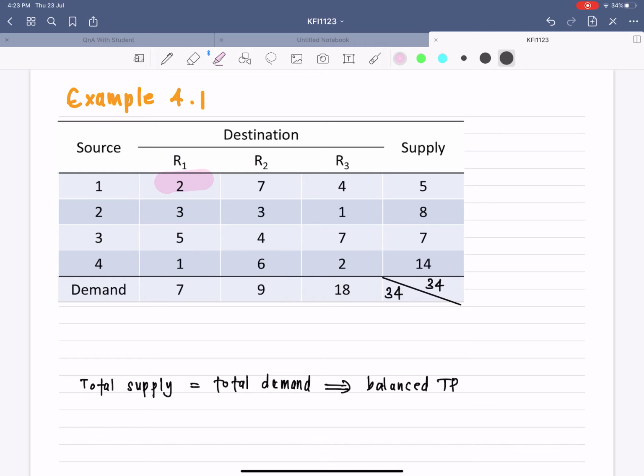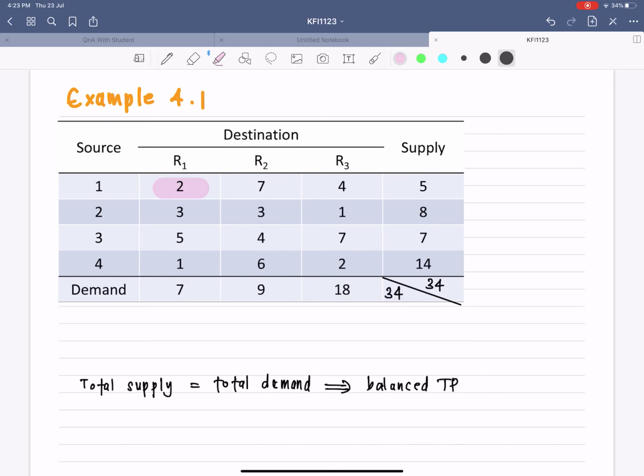What you have to do then is look at the values of the demand and supply.